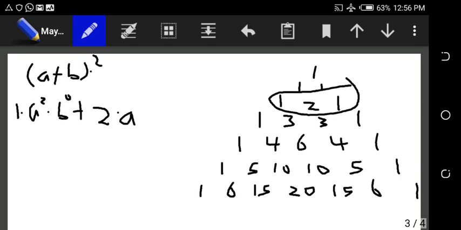Now remember that the first term will have to decrease from the power down to 0. So here it was 2, therefore decreasing, you have 1 now, that's a raised to power 1, times my b second term. Remember, it's going to increase from 0, so if here is 0, that means my b will have to have 1 this time around.